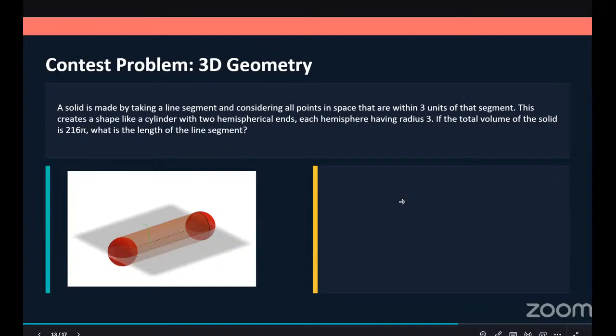Just in case you don't know, the volume of a sphere is 4 over 3 pi r cubed.